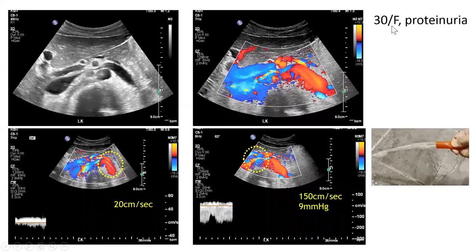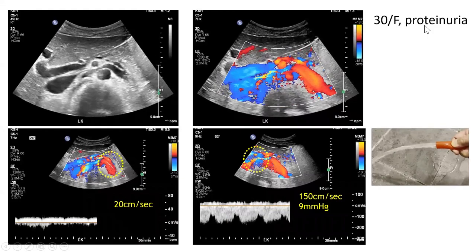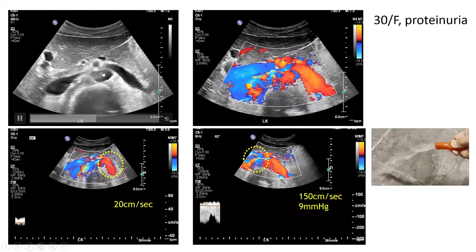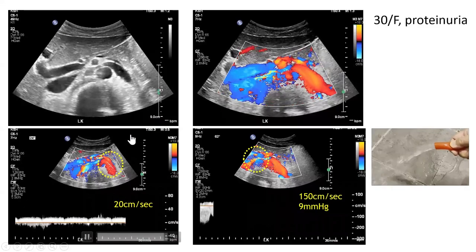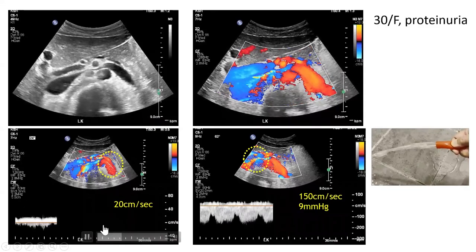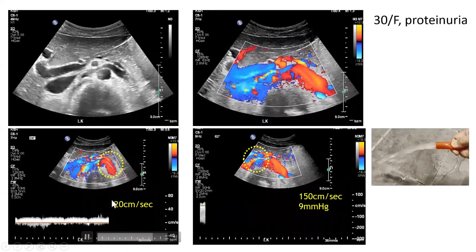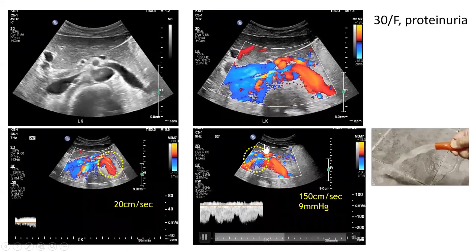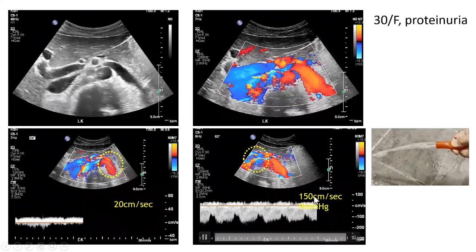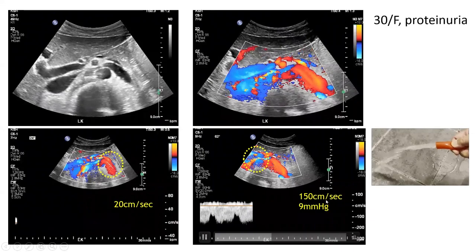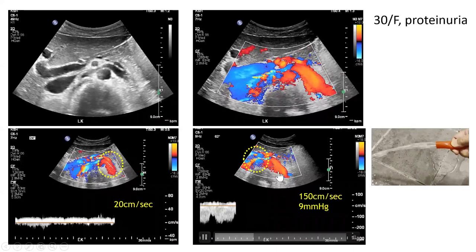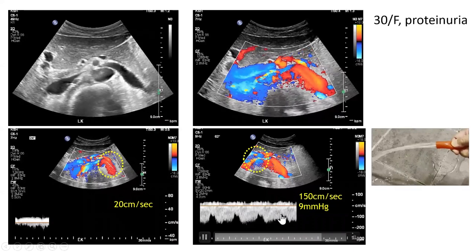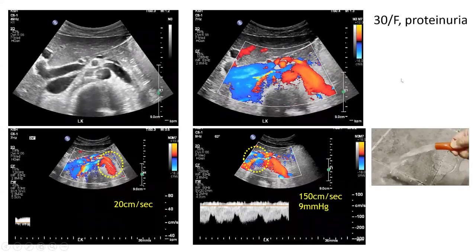This is a young woman with proteinuria, with grayscale ultrasound and color Doppler ultrasound. This is the hilar area, and the spectral Doppler is around 20 centimeters per second. The aortomesenteric area is around 150 centimeters per second. Then theoretically the pressure gradient may be around 9 millimeters mercury.